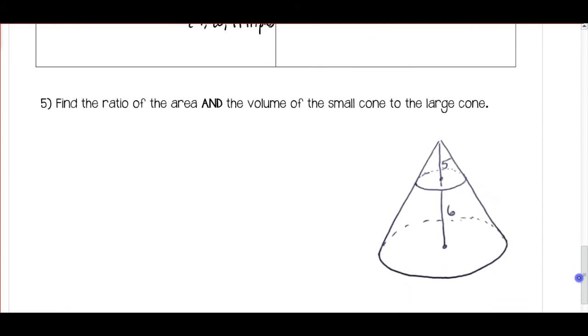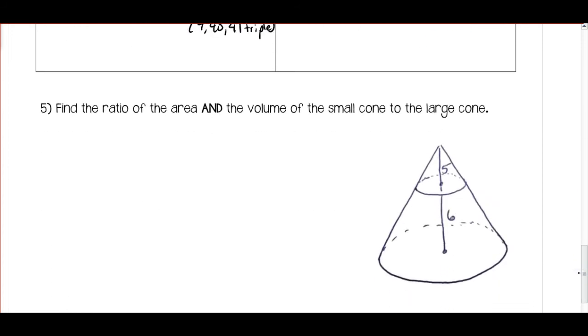Alright, moving on to example 5, we want to find the ratio of the areas and the ratio of the volumes of the small cone to the large cone. So we're going to use the theorem that we just talked about. So the surface area of the small cone to the surface area of the large cone. Since we know the heights of the cones, we can use those corresponding parts to find these ratios.